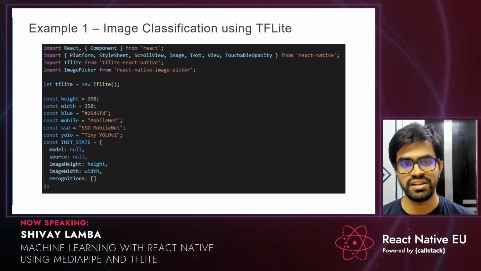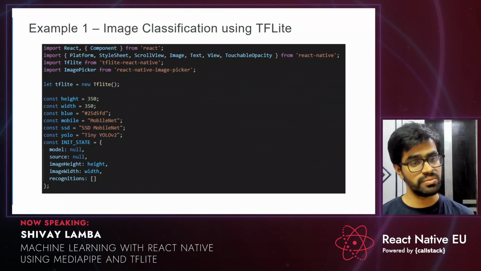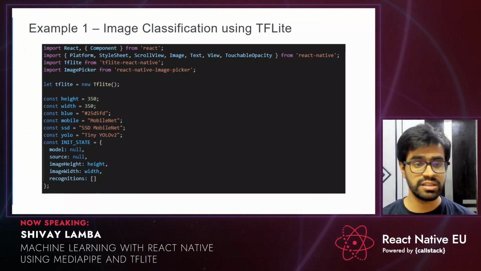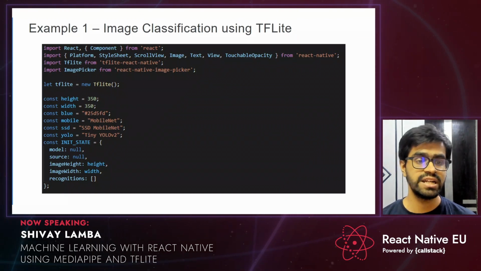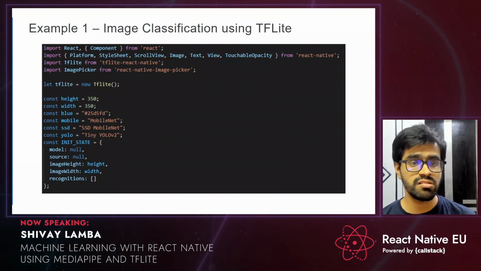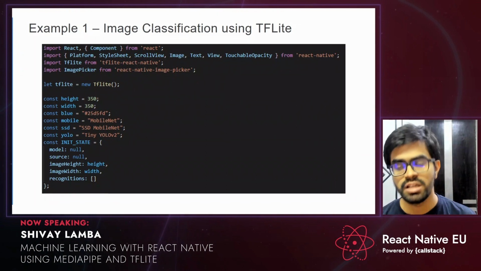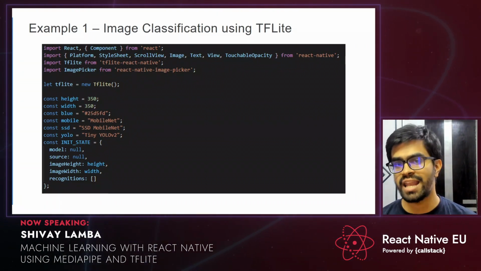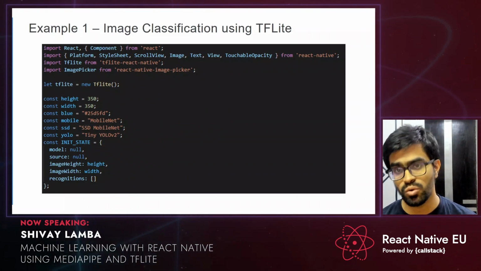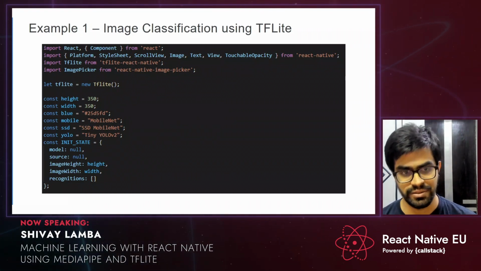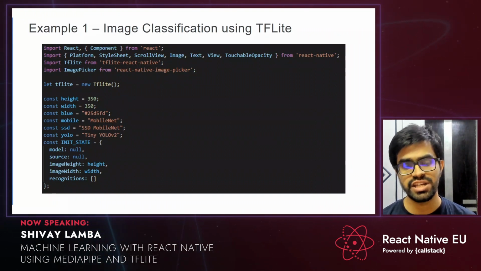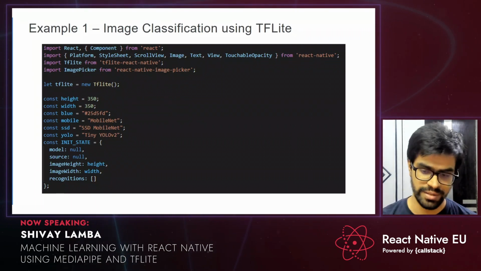So we have three different types of models that we're going to be using. Then we are setting up our initial state that contains the model source, the image height, and the recognitions. Because when you run these machine learning models on top of your image, they provide you an array of recognitions, but the most recognized one will be selected. That is what is happening in our initial declaration of the important variables that are required.